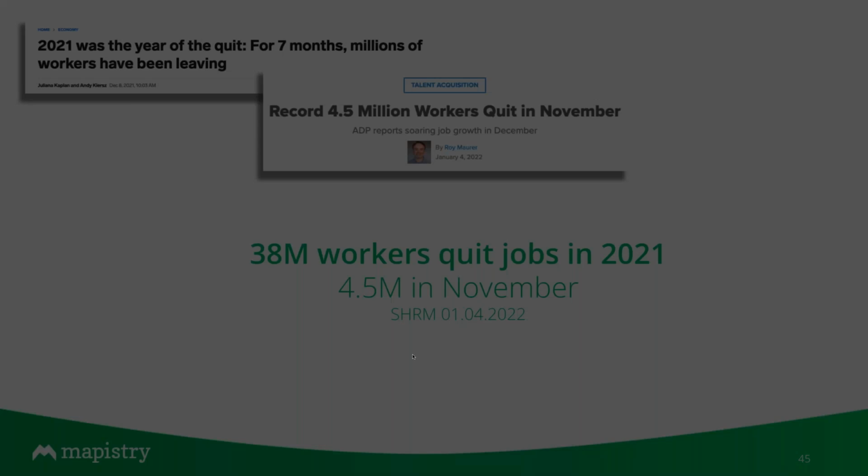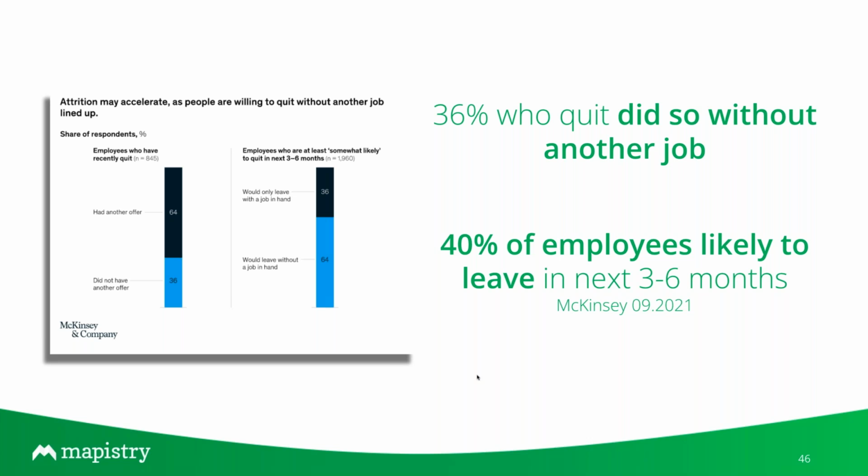That's leaving huge labor gaps. 36% quit without another job, and 40% of employees are likely to leave in the next 3 to 6 months. And there's multiple facets to this, but from a top line revenue perspective, if you don't have the workforce available, that's going to hurt you pretty significantly.